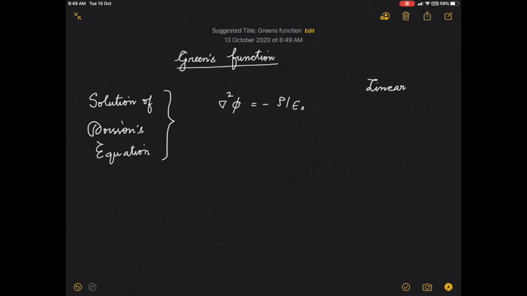So this, just let me remind you again, is a linear and inhomogeneous equation. Inhomogeneous means that I have a term which is non-zero and does not contain phi, which is what we are trying to solve for. So you are trying to solve for this.